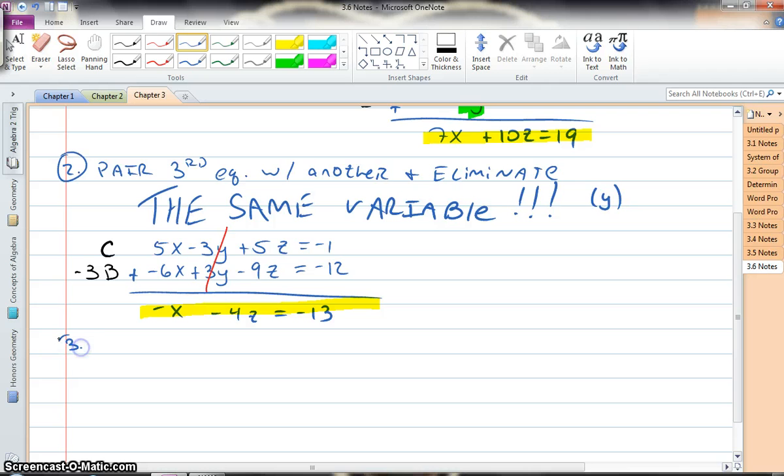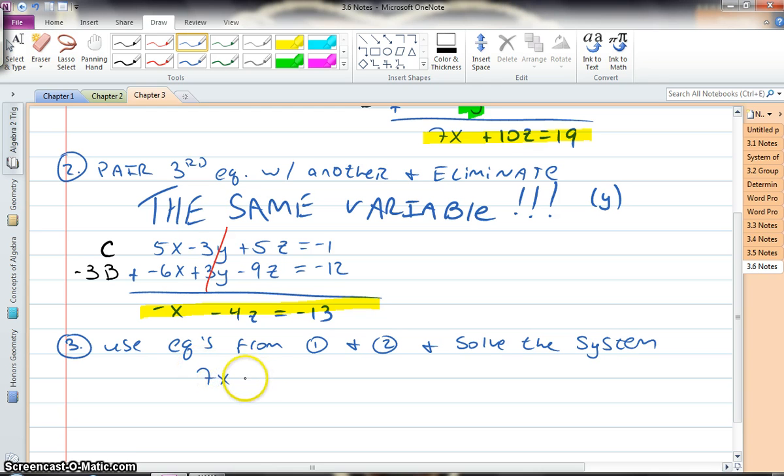Step 3 says use the equations from steps 1 and 2 and solve the system. My first highlighted equation is 7x plus 10z equals 19. My other one is negative x minus 4z equals negative 13.